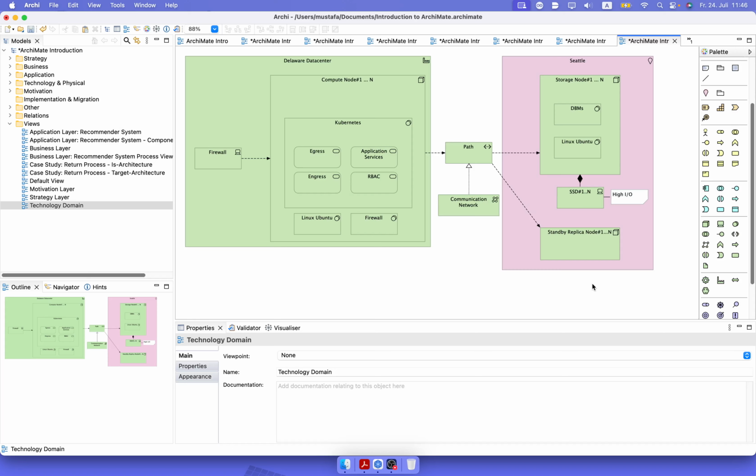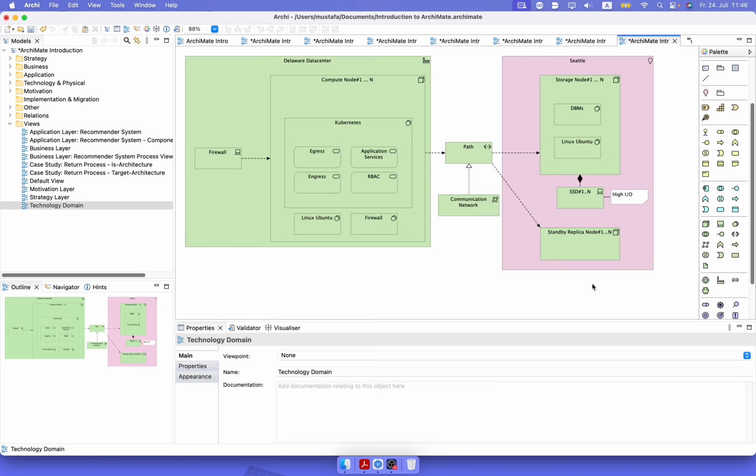And here we are, we have completed one possible architecture proposal for the technology domain: the infrastructure, cloud architecture, data center architecture, on-premise architecture. These could be named many ways, even system architecture.